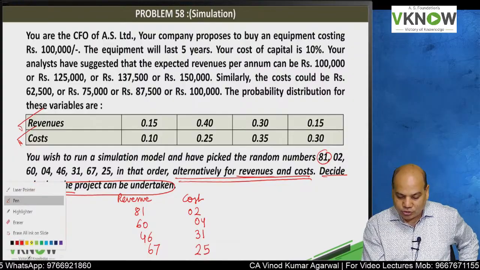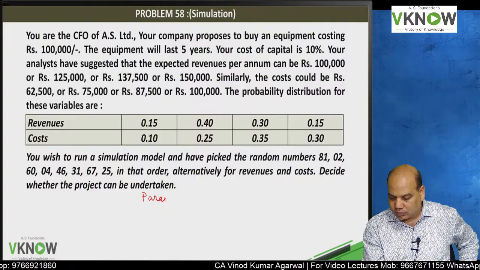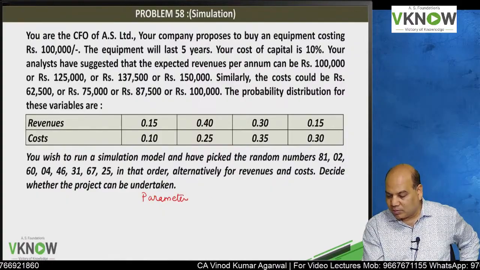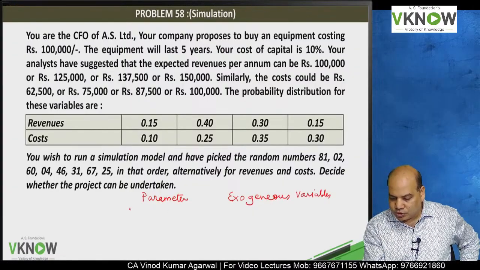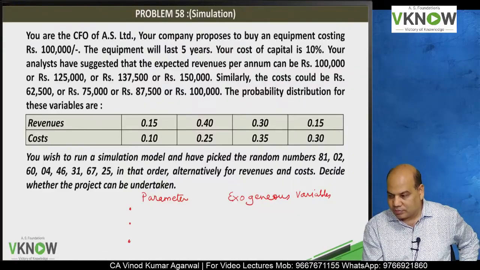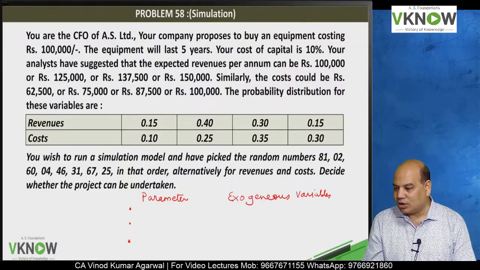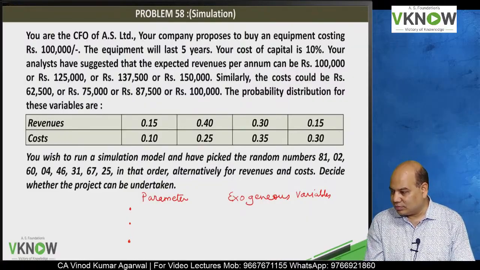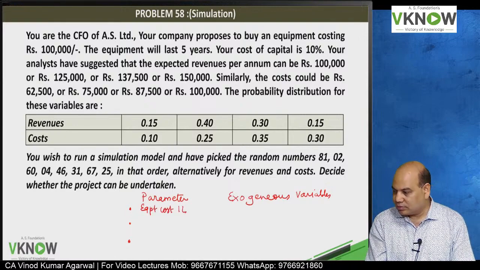I am going to ask you some questions. First is, which are the parameters in this problem and which are the exogenous variables? So first you can answer parameters, which we are going to keep constant in all the experiments. One is the equipment cost, 1 lakh.